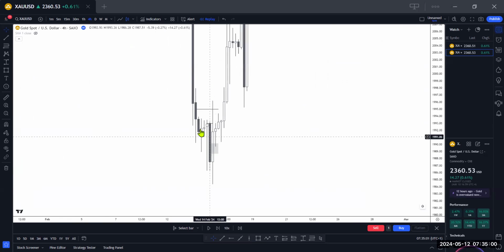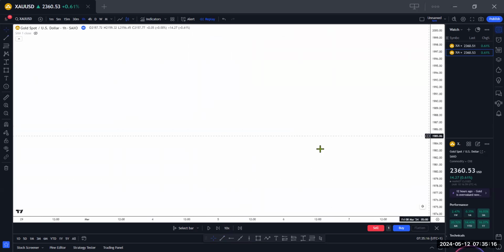On the H4 charts, there's actually nothing conclusive. The only thing I can assume that price is going to use on this H4 chart is this HNS level, right? The HNS level. So let's see if I can get an MTF for the HNS.